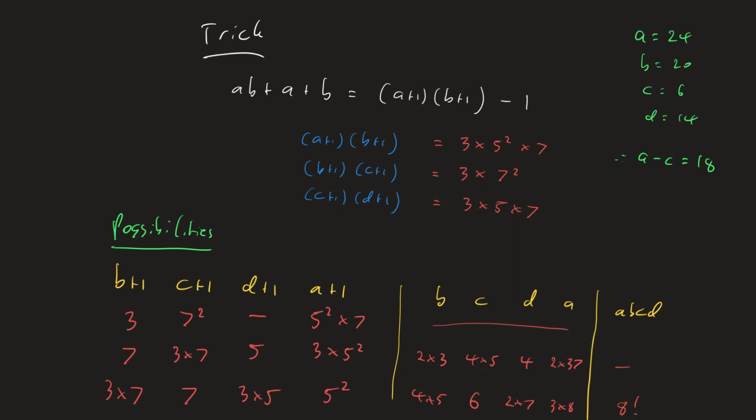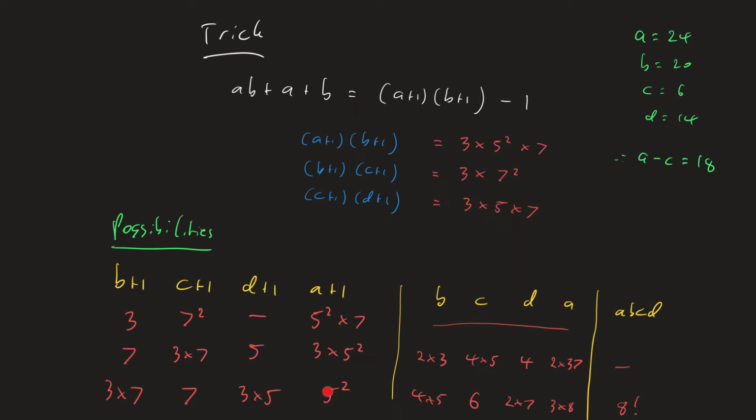If B plus 1 is 7, then from the first equation we see that A plus 1 must be the remaining factors, or 3 times 5 squared. We therefore put this in our table under A plus 1. Similarly, if C plus 1 is 3 times 7, then from the last equation we see that D plus 1 has to be the remaining factor, that is 5, so D plus 1 is 5.